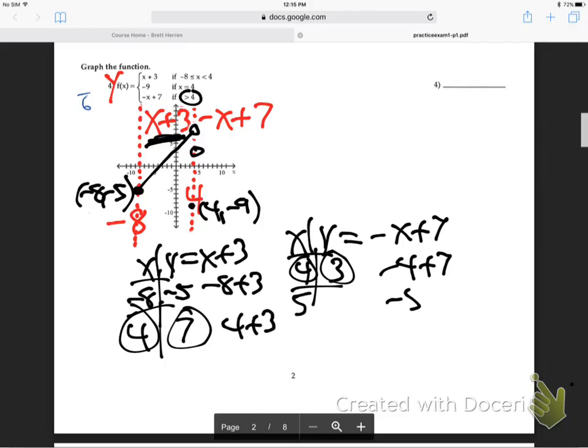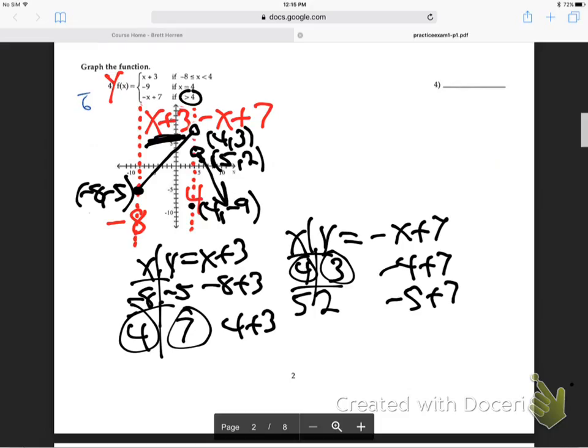And plug in 5. Negative 5 plus 7, 2. Over 5 up 2, it's about right there. Over 5 up 2, this is over 4 up 3. Connect the dots. We're done.